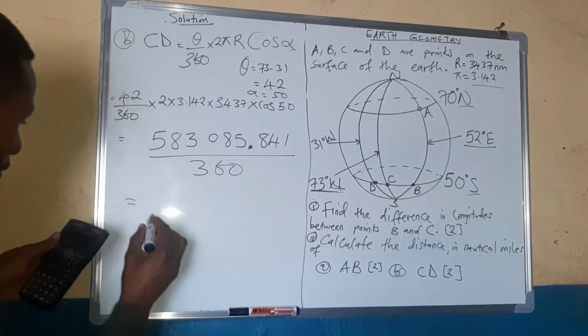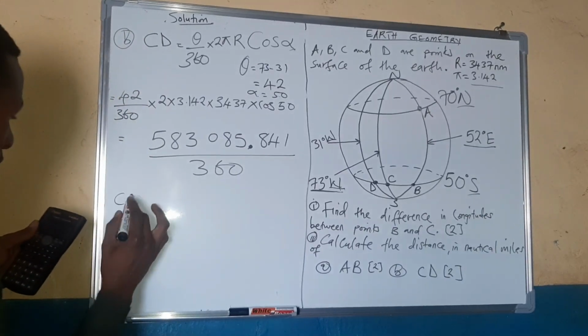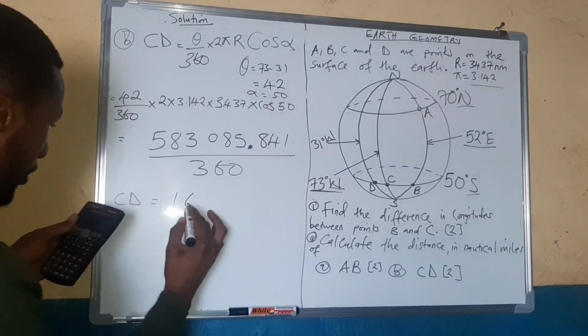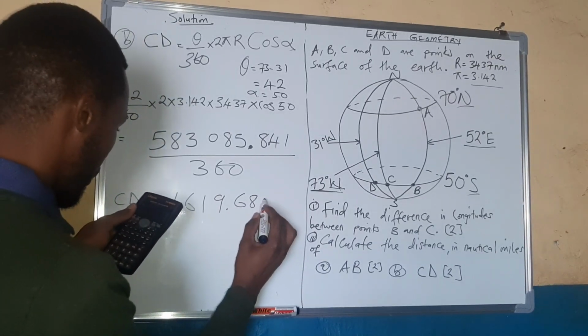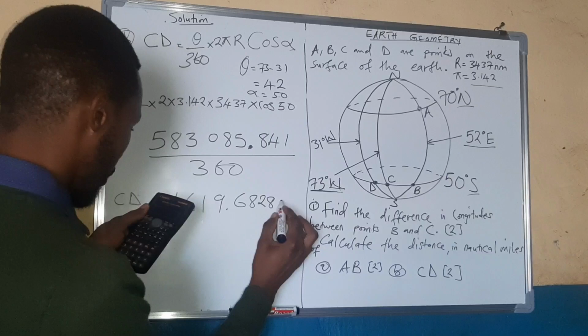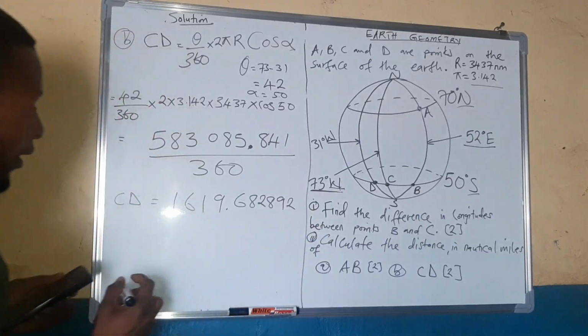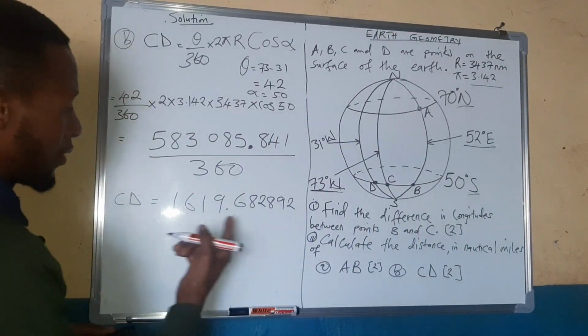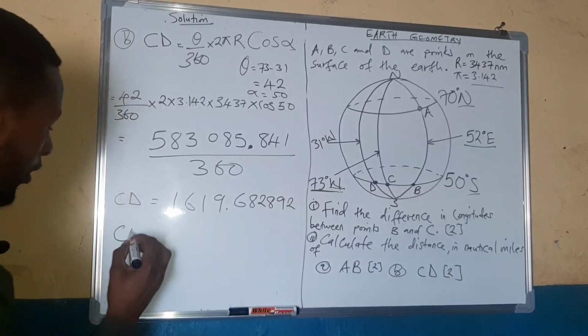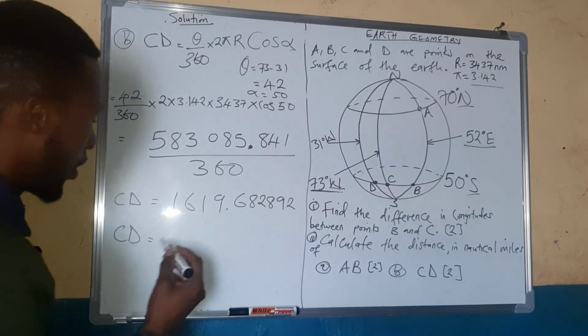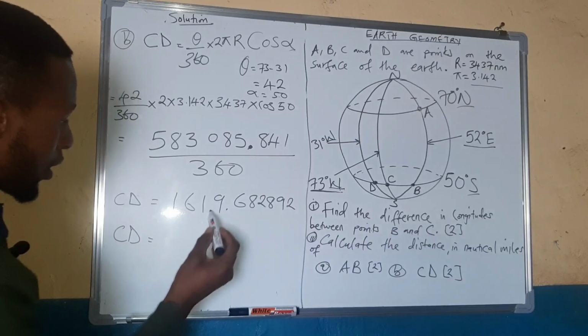You're going to have the distance CD as 1619.682892. As I've said, if you can't manage to round off, just leave it like this. Put your units there. But if you are able, you can round off to 3 significant figures. 1, 2, 3.